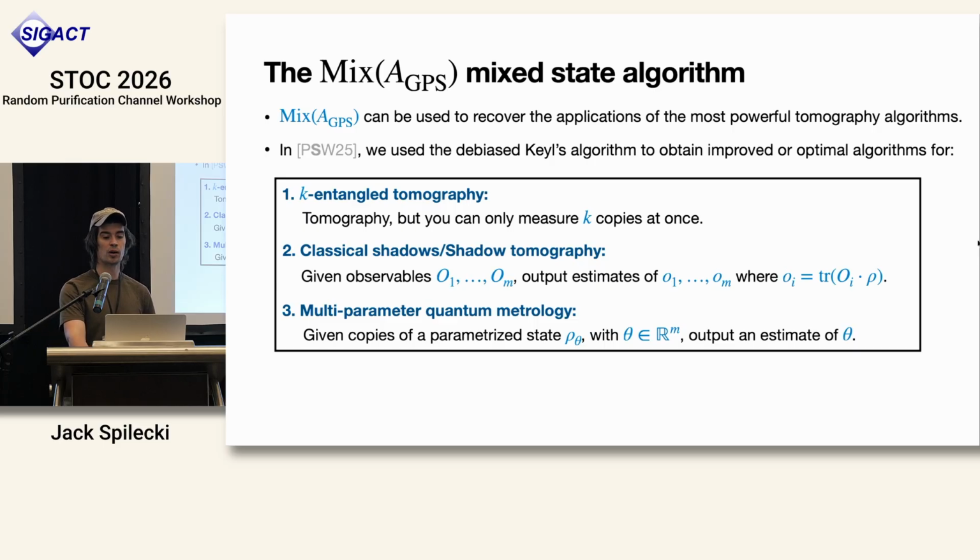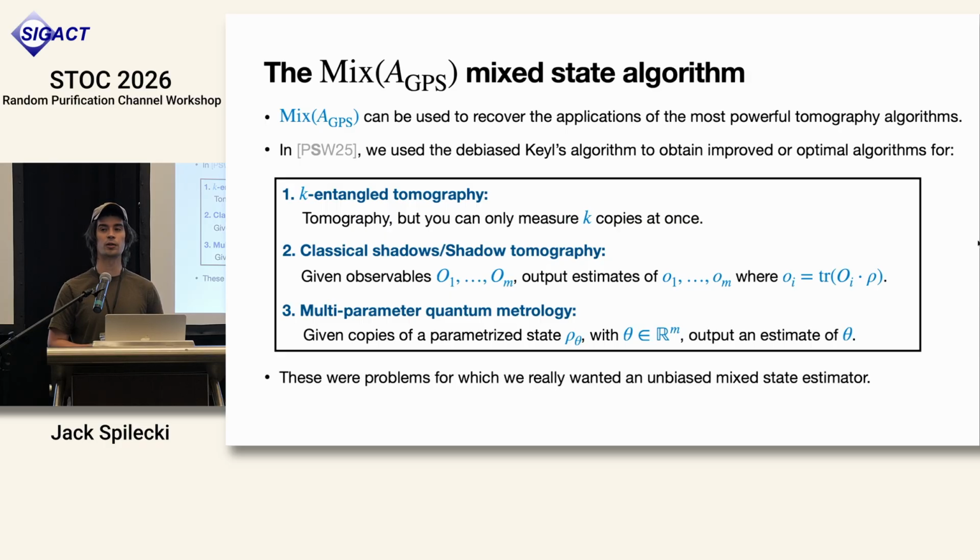And so for these 3 problems, it's very convenient to have an unbiased estimator. And in our previous work, we spent a lot of effort trying to unbias or debias one of the existing representation theoretic estimators.